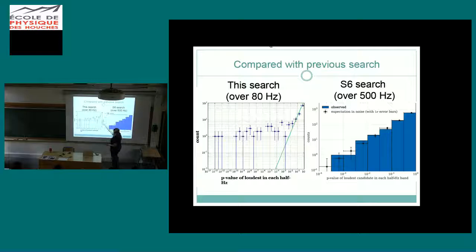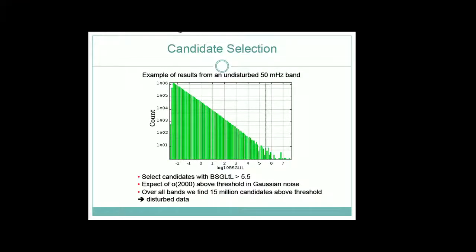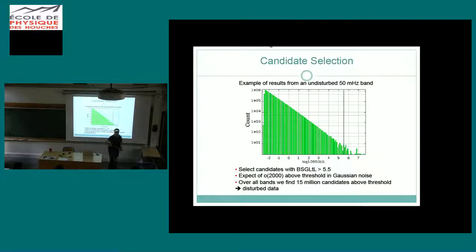So what do you do then? Well, you still set a threshold. This is a histogram that shows how many candidates we got on a certain region of parameter space as a function of a detection statistic. We set a threshold here, which is not really a detection threshold, because just in this band we've got all this stuff above the threshold and we don't believe these are signals.